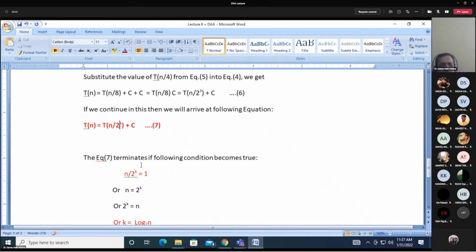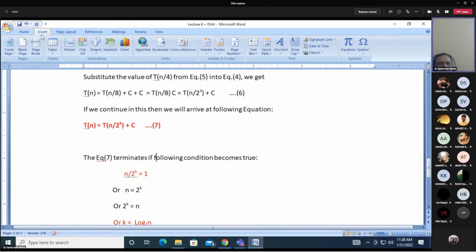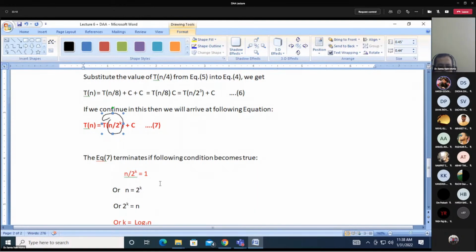Yes, sir. So now you see, you keep on dividing the equation. At some place you will arrive where the division will end. So here we are saying that equation 7 will terminate, meaning you found the solution. If this value n by 2 power k becomes how much? 1, sir.